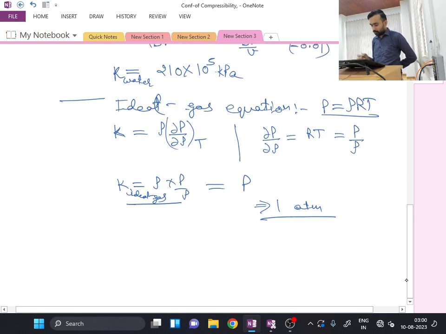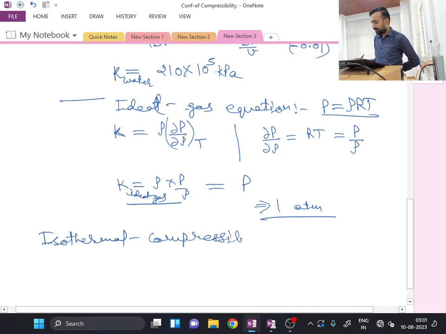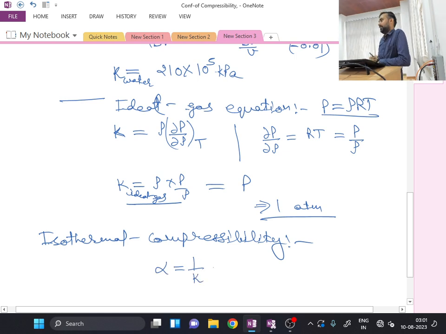Okay, so another term which is very important is called isothermal compressibility. Isothermal compressibility is given by the symbol alpha, and it is nothing but 1 by the coefficient of compressibility. So for an ideal gas, alpha will become 1 by pressure.